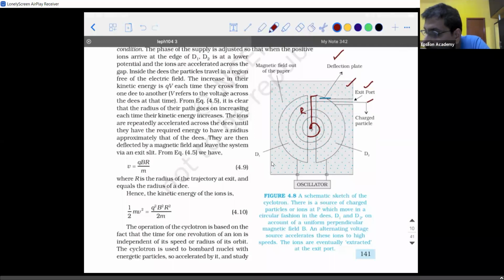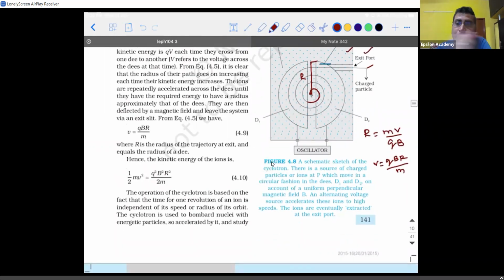So can I write R is equal to m into v divided by q into B, where this v is the velocity with which it is coming out at the final instant? Then can I write v is equal to q into B into R divided by m?